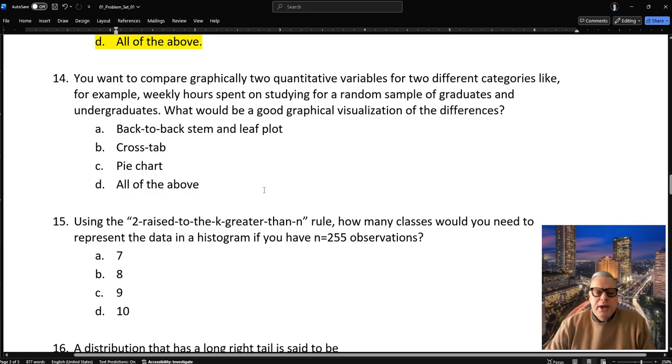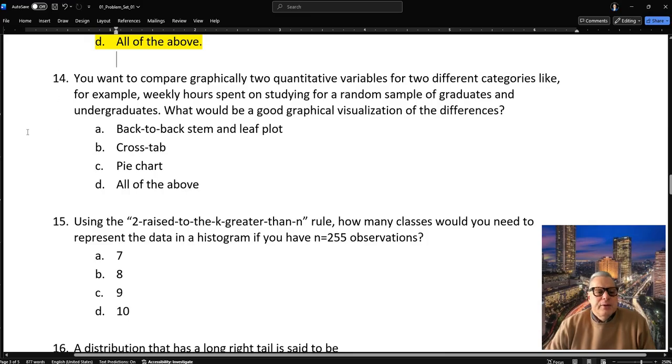You want to compare graphically two quantitative variables for different categories, like, for example, weekly hours spent on studying for a random sample of graduates and undergraduates. What would be a good graphical visualization of the differences? So we have two quantitative variables, hours spent.